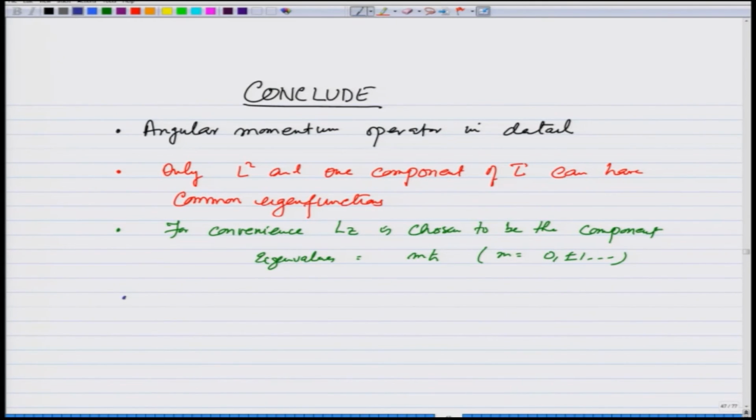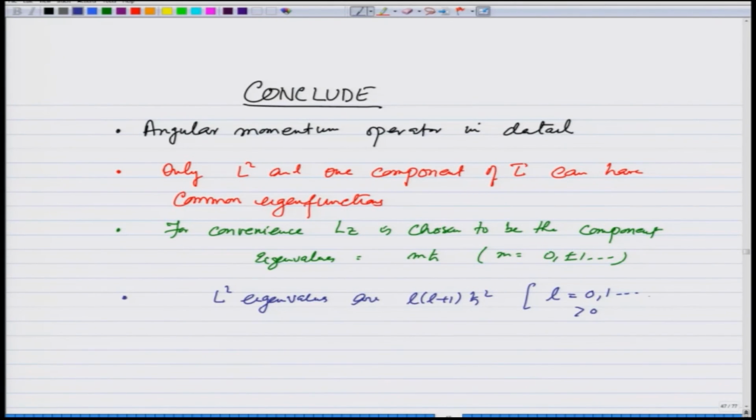Then we also found that L square eigenvalues are L, L plus 1 h cross square, and what I did not write there is L is 0, 1 and so on.